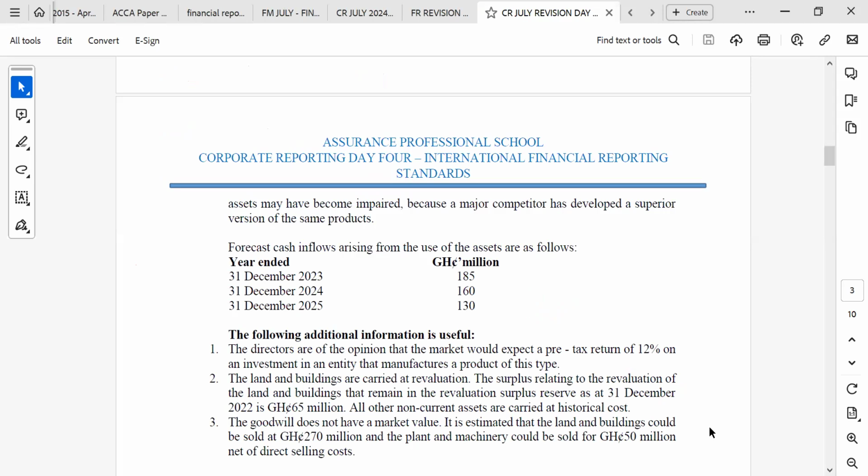It is estimated that the land and building could be sold at 270 million, and the plant and machinery could be sold for 50 million, net of direct selling cost. So what is the net realizable value? Those are the figures for you.